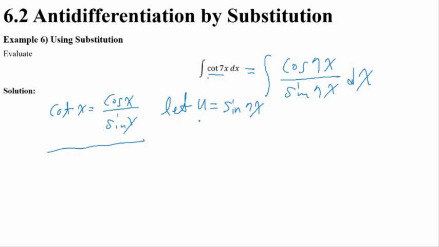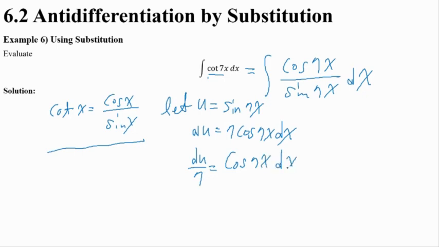And take the derivative of both sides. So du will be 7 cosine 7x dx. Right? So du over 7 equals what? Cosine 7x dx. Right? You can see that.